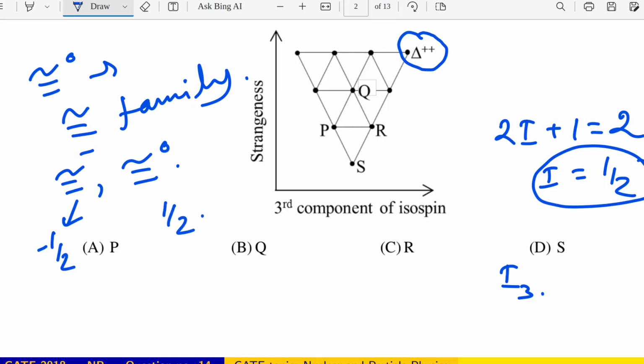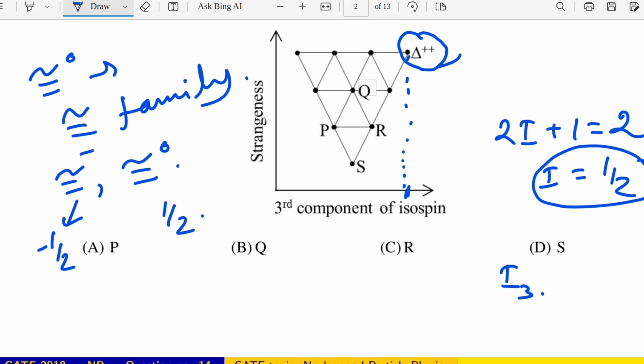Now you can see that on the x-axis there is no number mentioned, like which one is minus 1, which one is plus 1, or which one is minus half, plus half. So we have to calculate the value of I3 corresponding to this line, because it is already given.